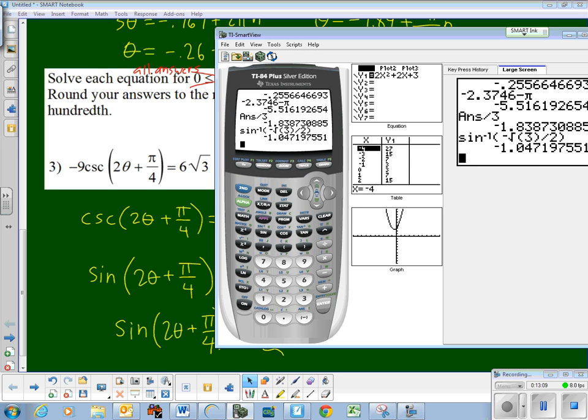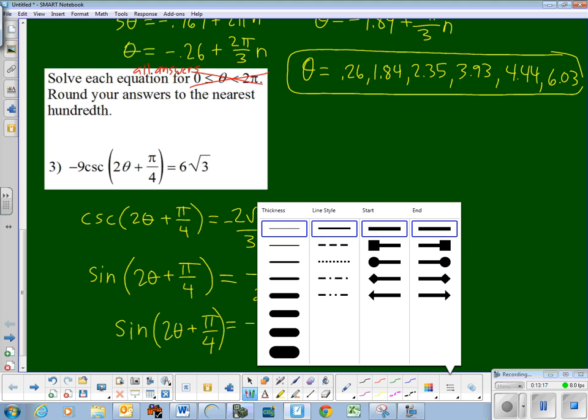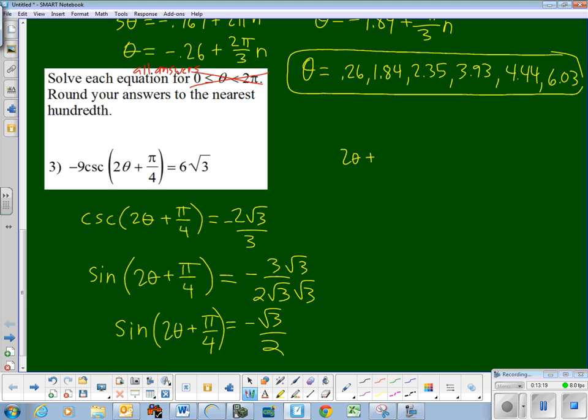And I get negative 1.047. Negative 1.047 plus 2 pi n. And I also get for my other version negative 1.047.